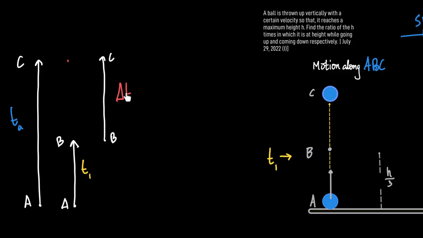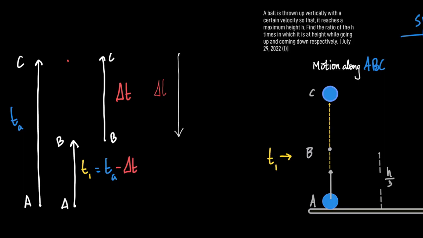TA minus delta T. So T1 would be equal to TA minus delta T. Correspondingly, when the object is coming downwards, it will cover the equal time interval downwards, which is delta T.